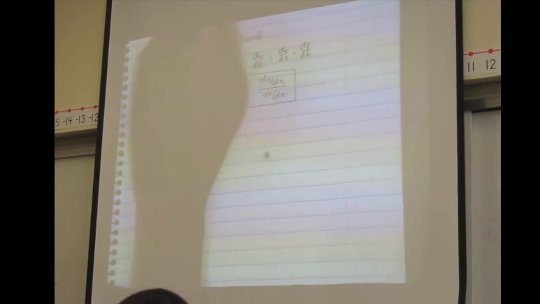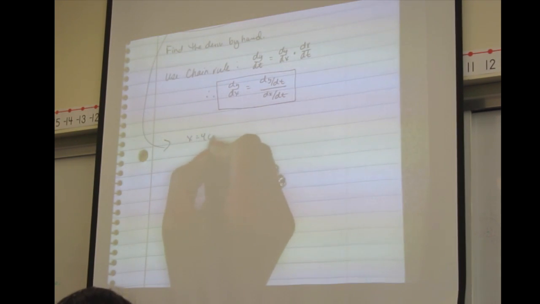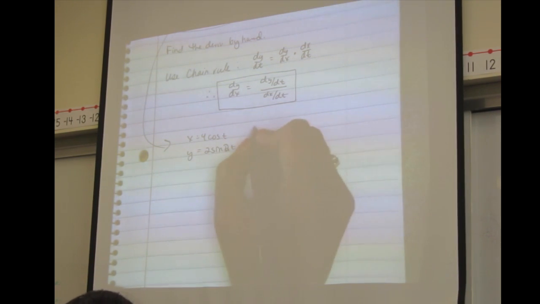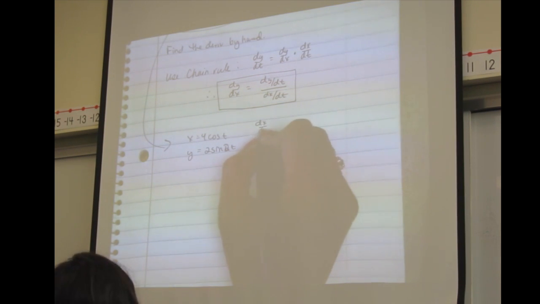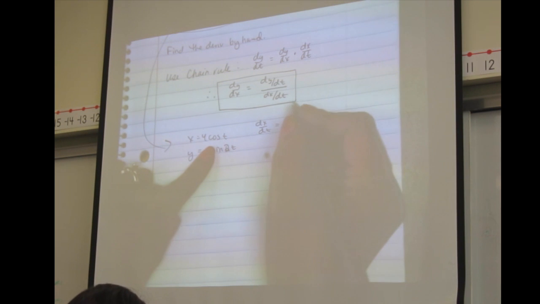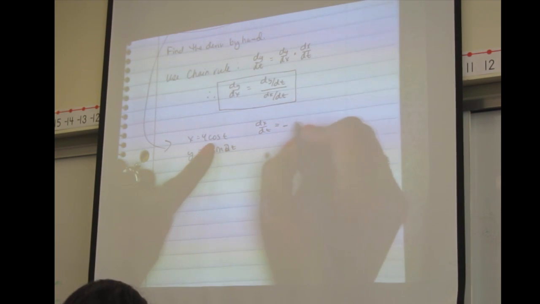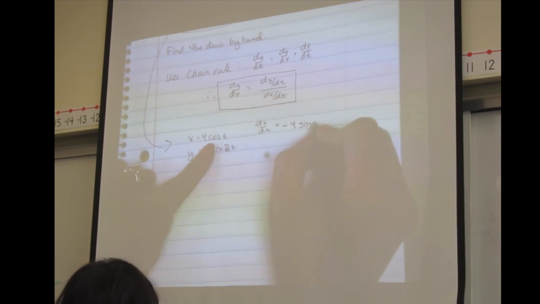So for our parametrics up here, x equal to 4 cosine t, y equal to 2 sine 2t. Right, dx dt, the derivative of x with respect to t is negative 4 sine t.